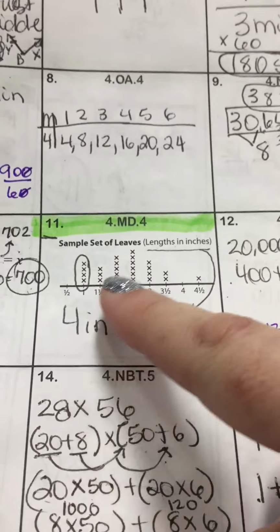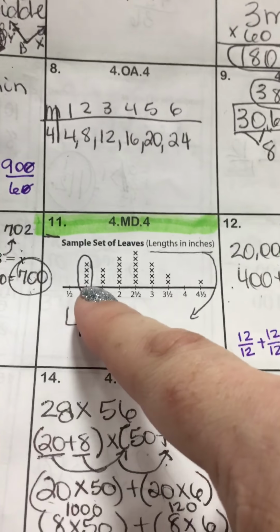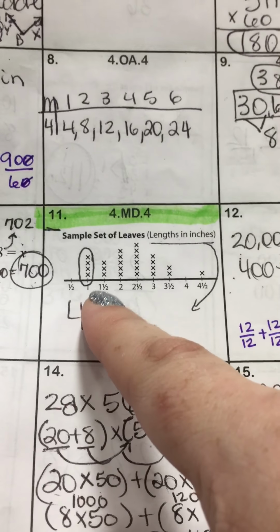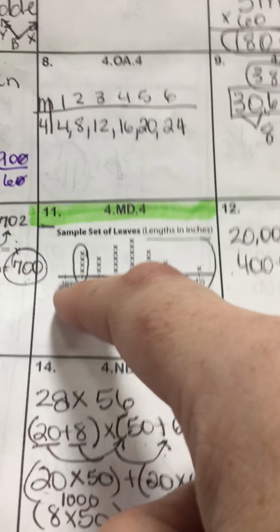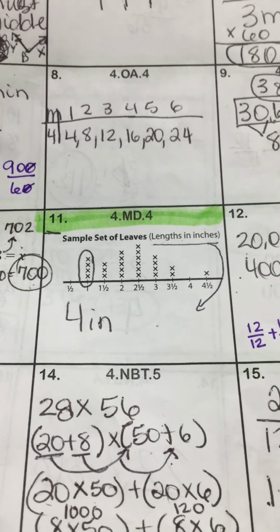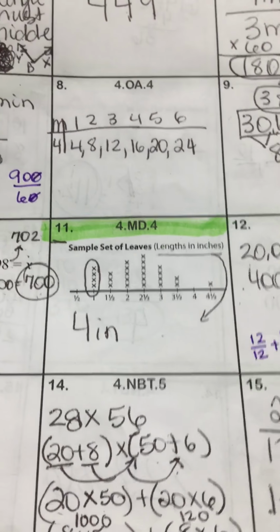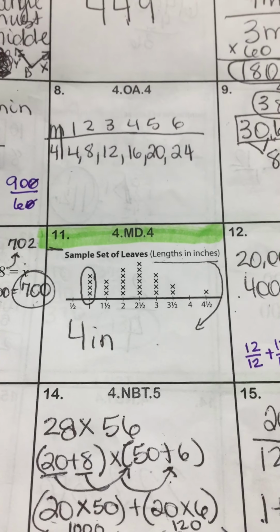So what you would do is, since this is the shortest leaf, 1 inch, you would take all 4 of those and line them up end to end and measure them, which at 1 inch each would make it 4 inches.